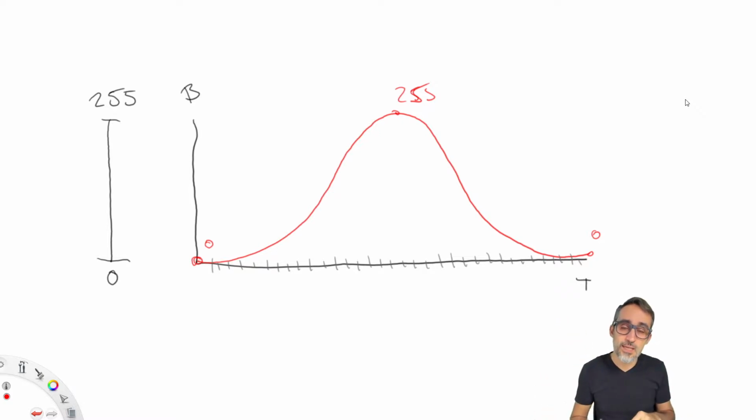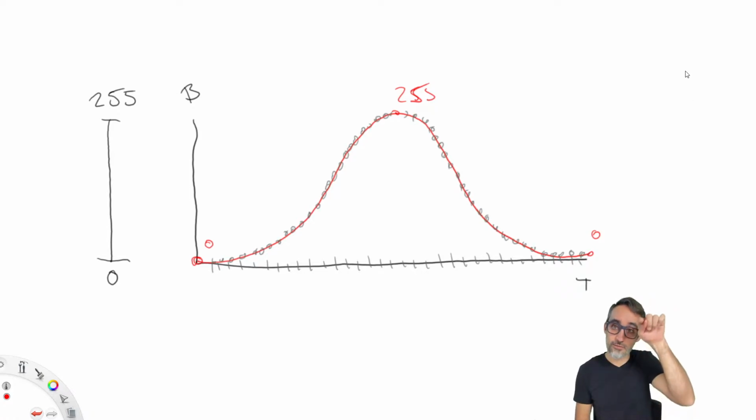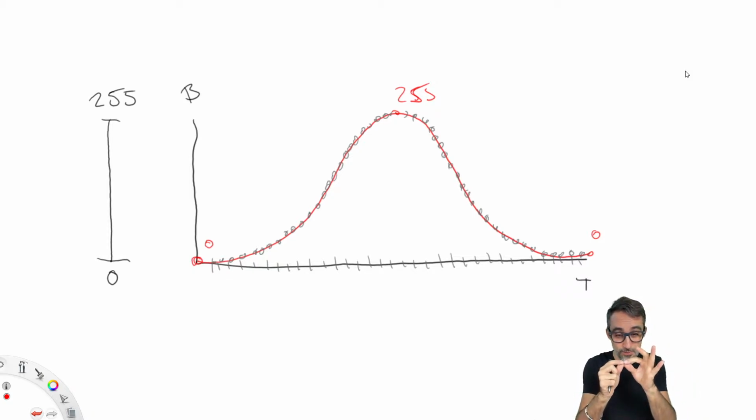And then it will be just a matter of finding a numerical rule so that for each one of these units of time, the frames, we find what the corresponding value on that curve is going to be. All right, so for each frame, we calculate what the value of the brightness should be at that particular instance of time.